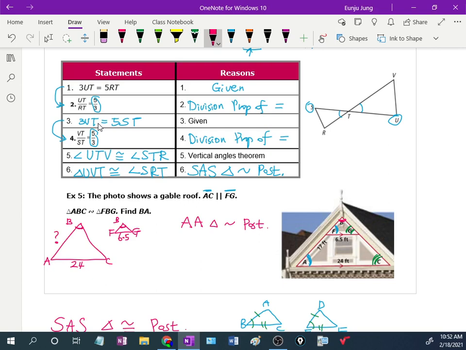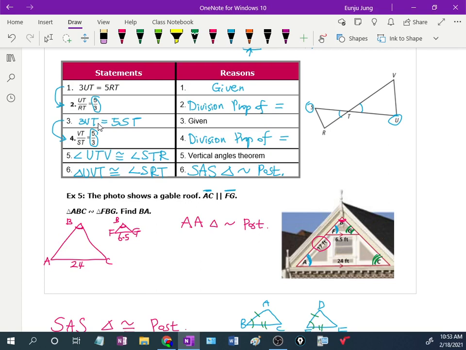So this is AB. What measurement do we know? This is 17, right? Is this for BA or is this for AF? If that is BA, that's not going to be the question, right? So that is for AF. So we have AF 17.